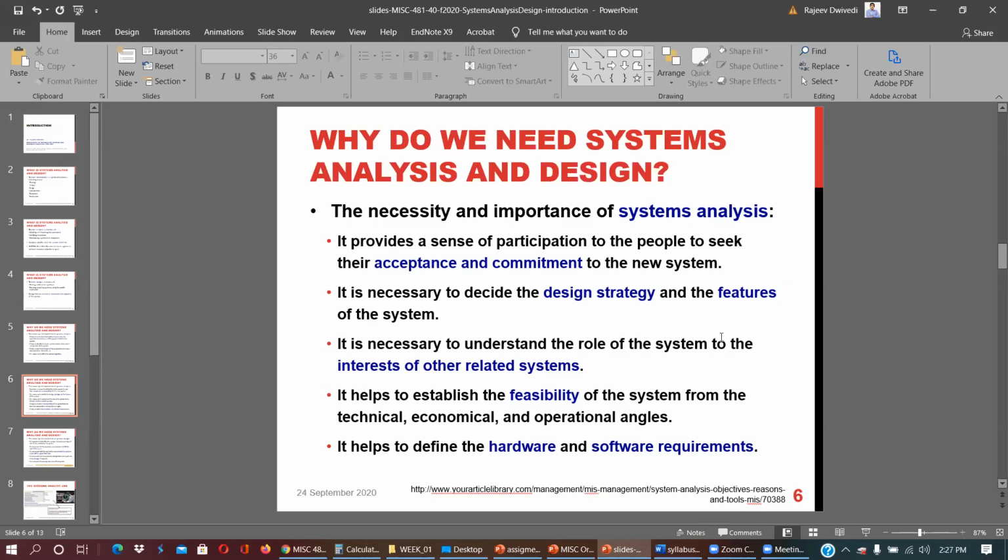It helps to establish the feasibility of the system from the technical, economic, social and operational angles. So these are the different feasibility aspects. It also helps to define the hardware, software and networking aspects of the system.